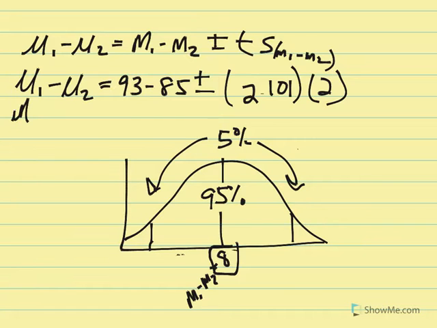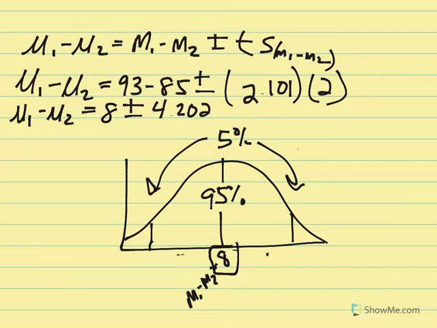We know that that's the sample mean difference. And now we're going to calculate a range of what we anticipate the true population mean difference to equal. So mu1 minus mu2 is equal to 93 minus 85, which was 8, plus or minus, and now our calculators compute the product of 2.101 multiplied by 2. And we should get 4.202. So we're going to add that to 8 and subtract it from 8 to find the range in which we expect the true population mean difference to fall.